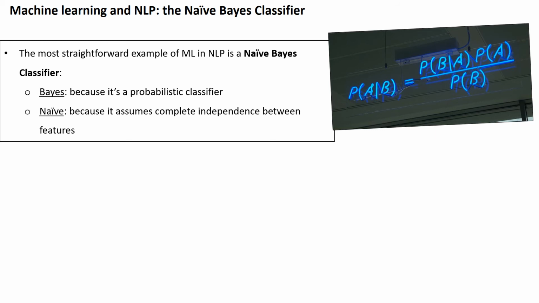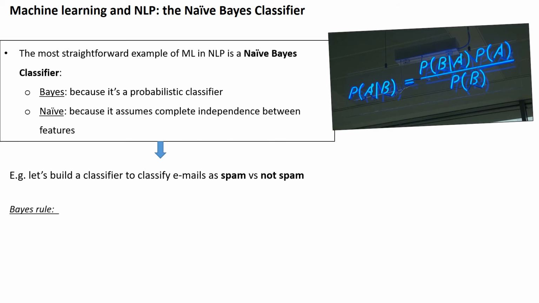So the probability of words occurring in a piece of text is not independent of one another. Words tend to co-occur with other similar words. Still, despite the fact that this assumption is almost never met, the naive Bayes classifier does a pretty good job generally. So let's try to build a naive Bayes classifier based on some very simple example data and try to classify emails as spam versus not spam. And we will do that using Bayes rule.